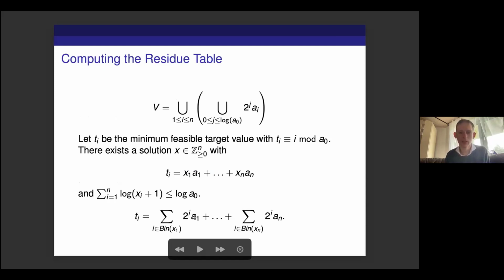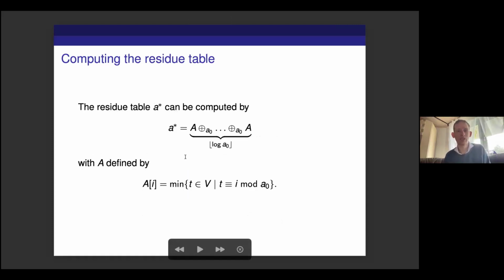So each element here appears in our variables that we have started with. For each sum, we use exactly log x_i plus 1 many sums, and this is then in total precisely bounded by log A0. So this is how we prove that we only need to apply log A0 many min plus convolutions to obtain our residue table.